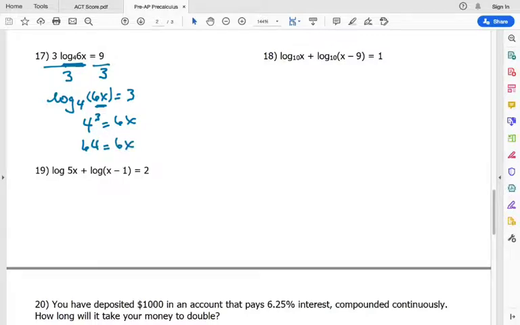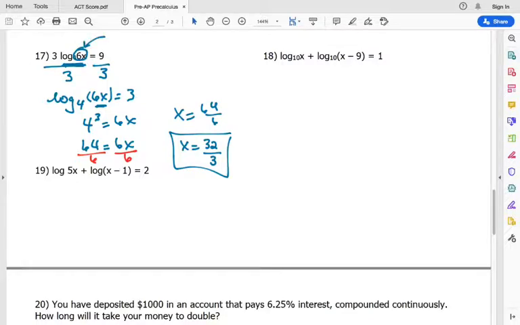Divide both sides by 6. And you'll end up with x equals 64/6, which is the same thing as x equals 32/3. And that's your answer. And it's a positive 32/3, so when you plug it back into the argument up here, you'll get a positive value. So you can take the log of a positive value.